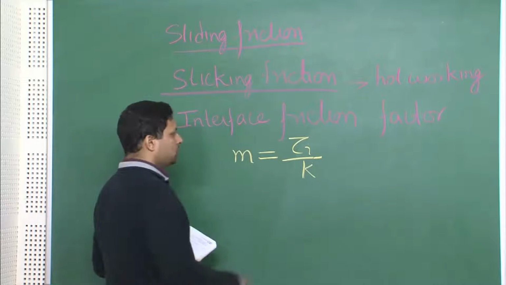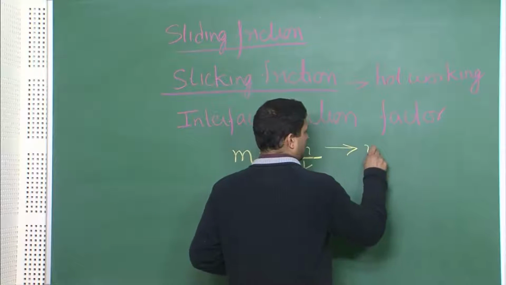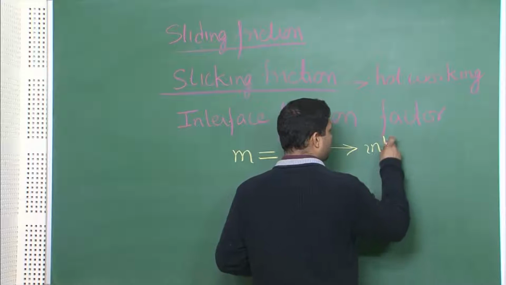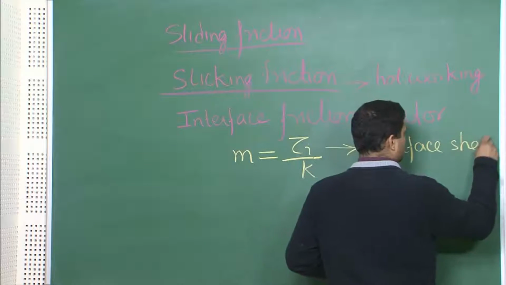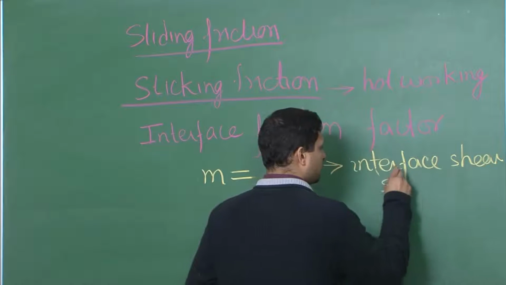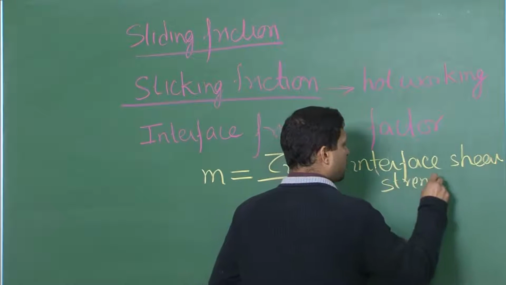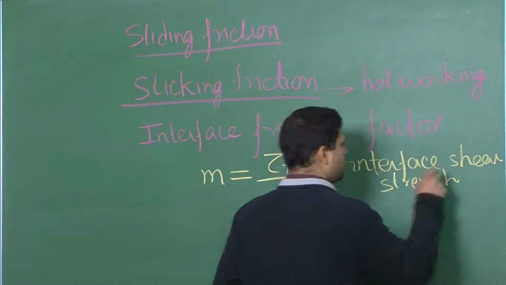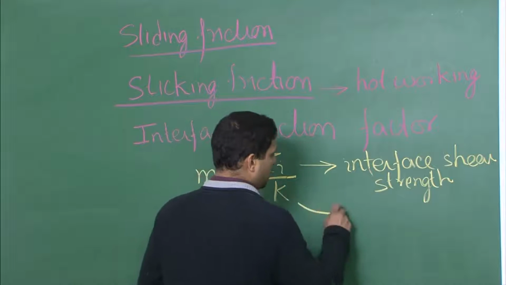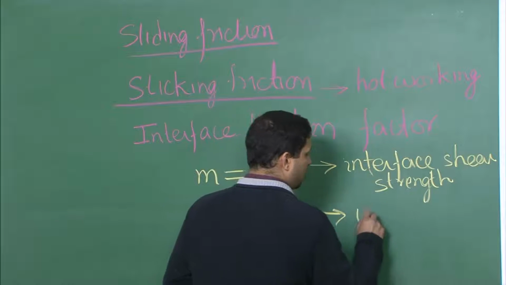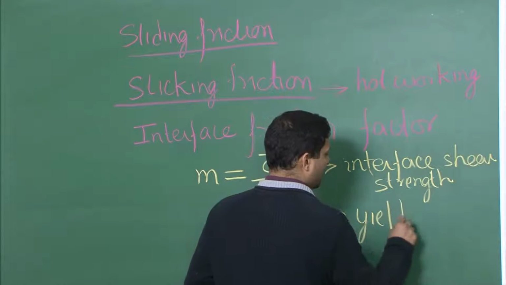What is tau I? It is the interface shear strength, or you can say the stress that exists at the interface. K, on the other hand, is the yield shear strength of the bulk.